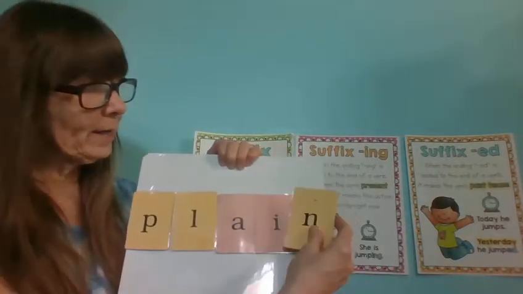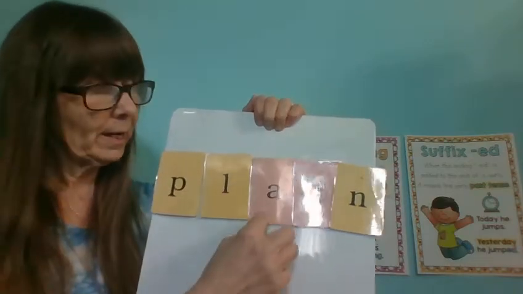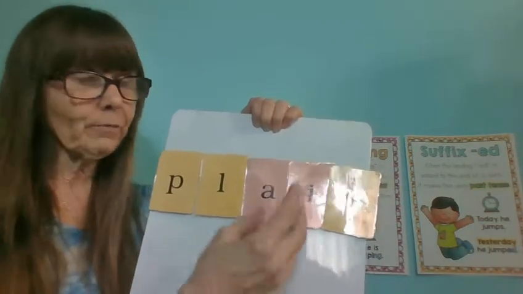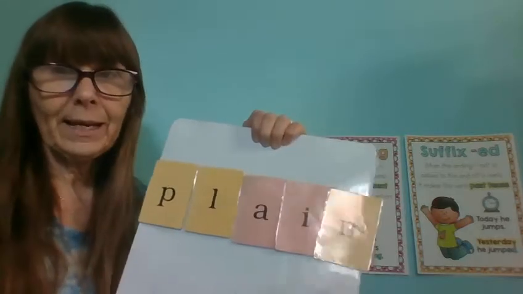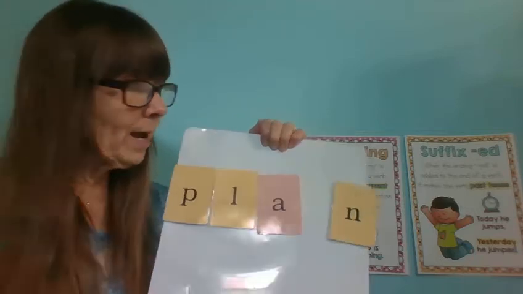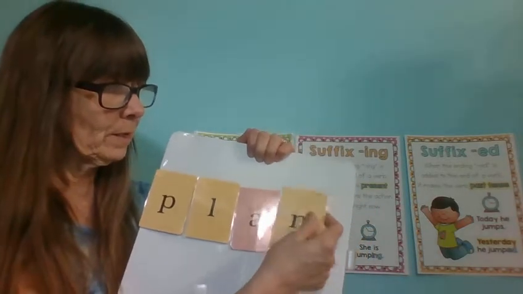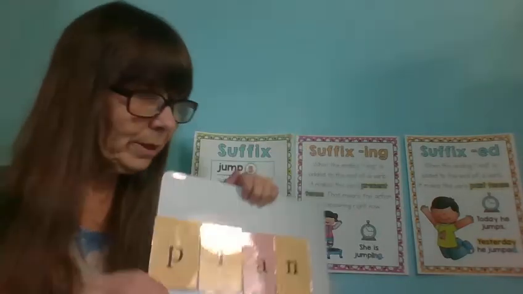If we do that, this says pull, and then we see the vowel digraph here, pull, plain, right? But if we only have the vowel, this says pull, an, right?